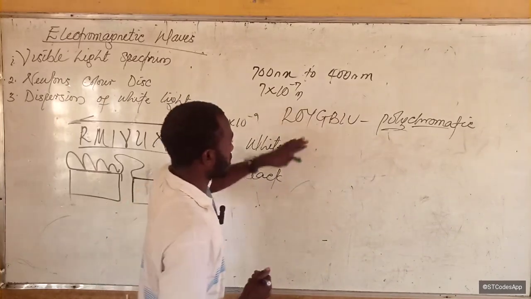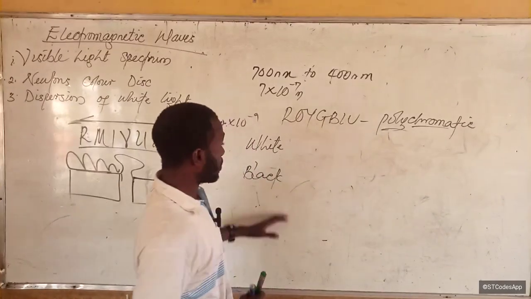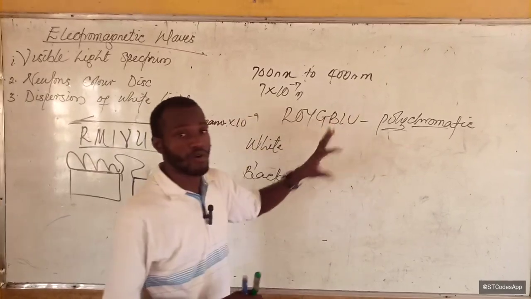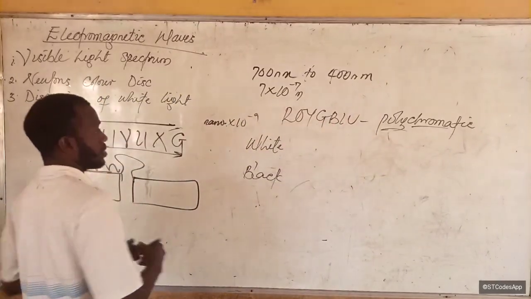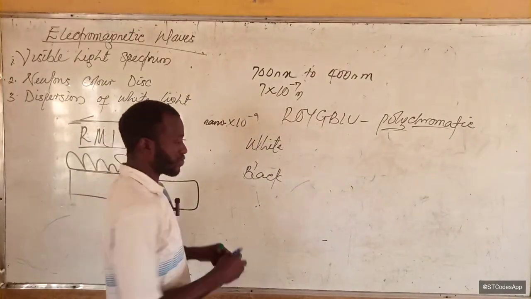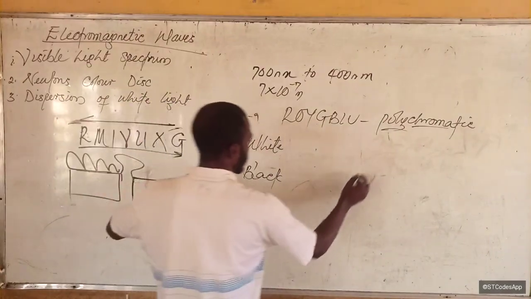Basically, I'm saying that white is not a color, and that it is a blend of all of these colors that gives white light. And how did he prove that? He made what is known as the Newton's color disk.